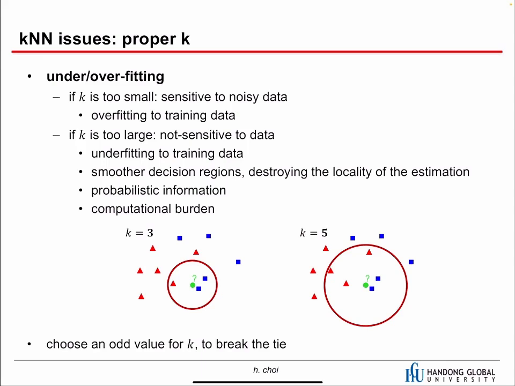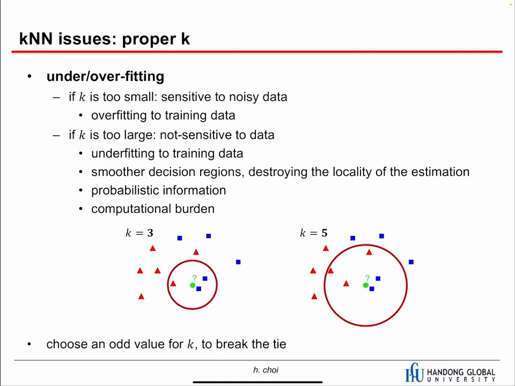And another issue is we have to define the k in advance, and depending on this k value, we might have an underfitting or overfitting problem. If k is too small, then it is sensitive to noisy data.